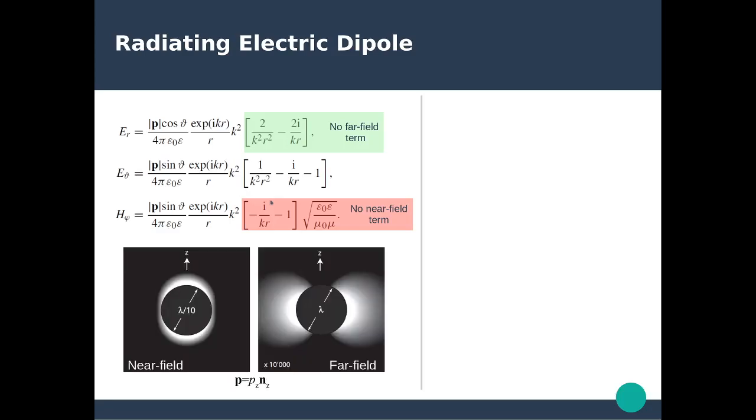So the magnetic component is only a far field. If you look at what they look like, in this particular case, let's consider a nanoparticle, for instance, or a molecule, or a quantum dot that has a certain electric dipole moment. This electric dipole moment is aligned along the z direction, so it's pointing upward here.